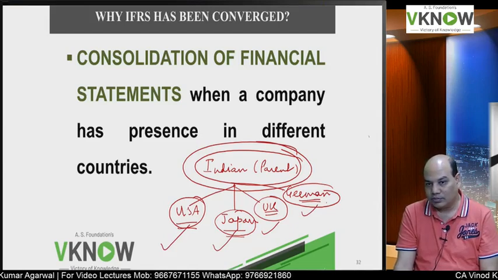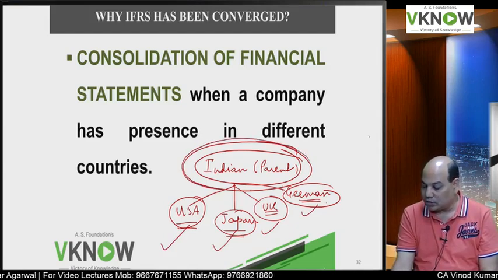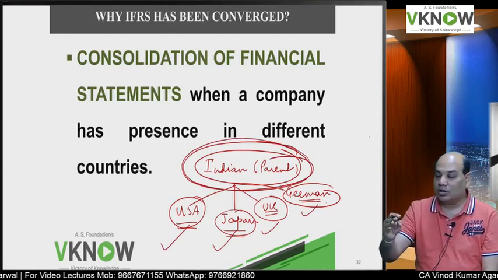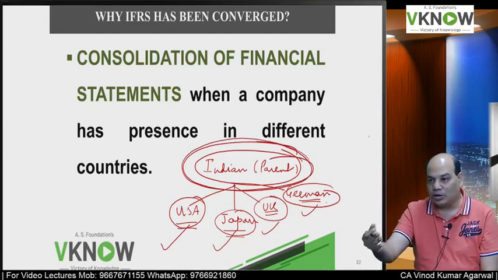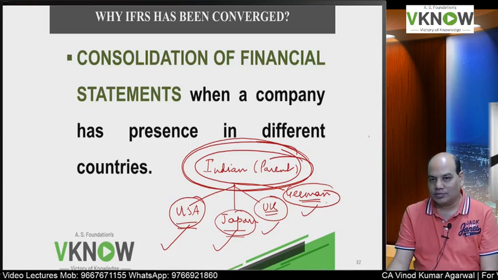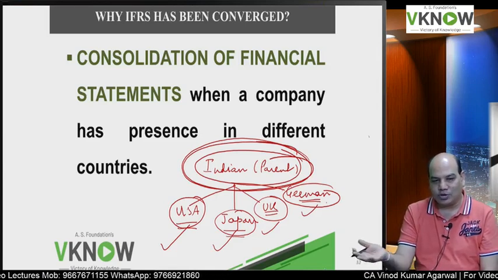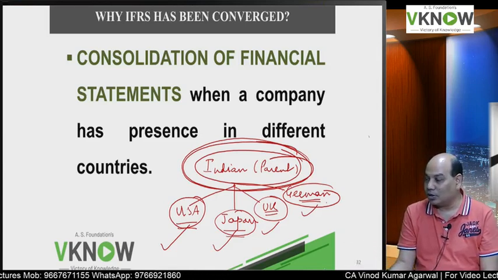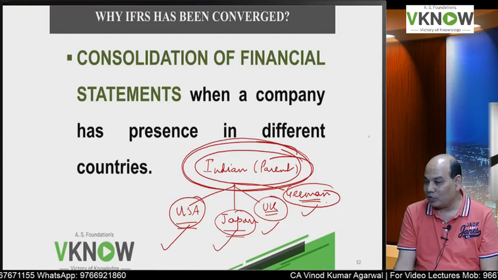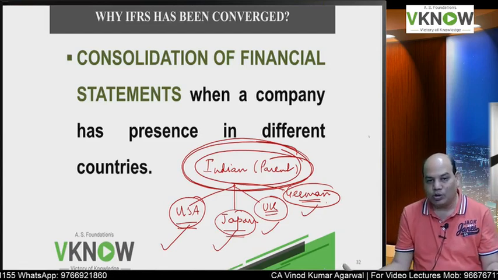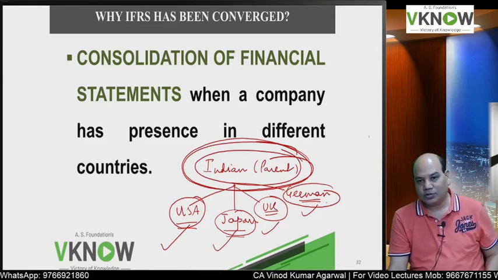Is it right? And some of the investors insist that this convergence should be done by Big 4 companies, KPMG, PwC, E&Y, Deloitte. But these Big 4 companies come with a big price tag also. Their fees are also very high. Probably you will not be able to afford it.